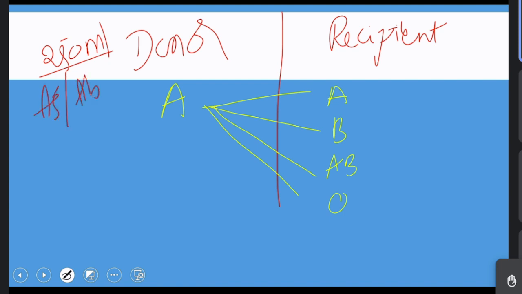Antigens or antibodies or both? Antigens. Why? Because only antigens can define the blood group. That means this blood of 250 ml did not contain antibodies.